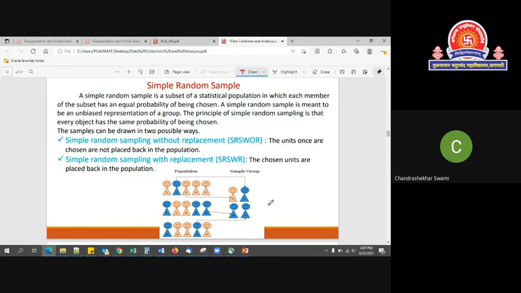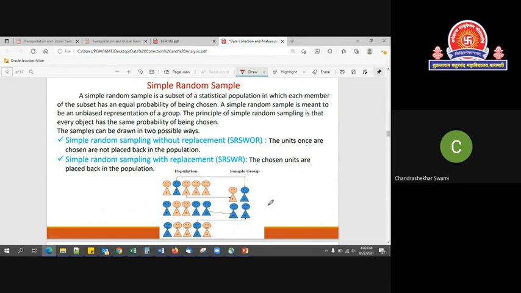So each and every element has a probability of getting selected in the sample of 1 upon N. Such a sampling technique is called simple random sampling. If you are considering unequal probability of getting selected in the sample based on their size, importance, or weightage, that type of sampling method is different.